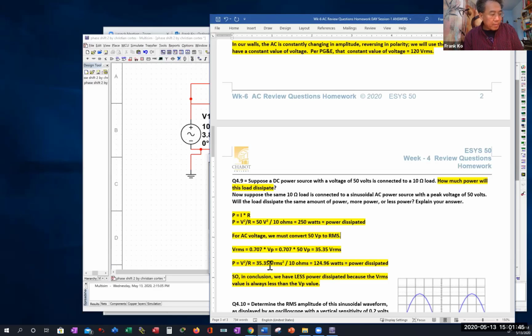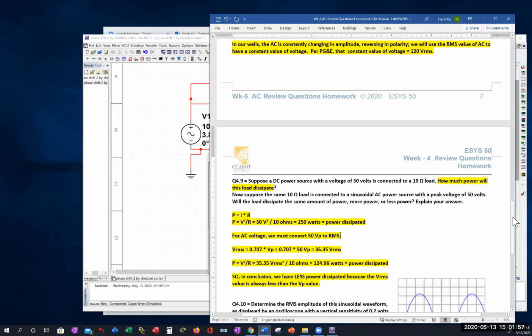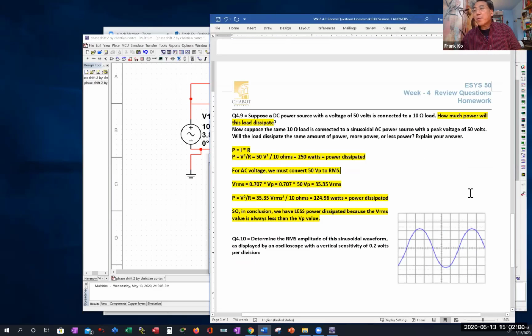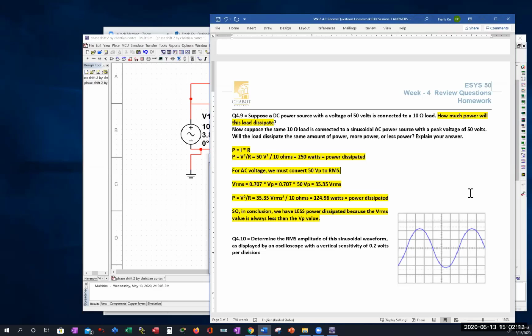Don't forget to hit equals after you square. Then divide by 10. Are we good? What do you see on your calculator now? Are you squaring it to the second? Yeah, x squared. 35.35, you hit the x squared key, then you hit equals. Then divide by 10. So what do you get? 124.96.